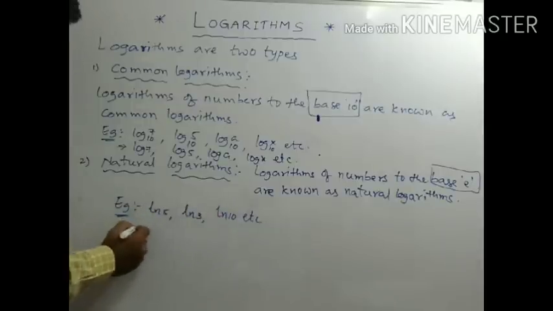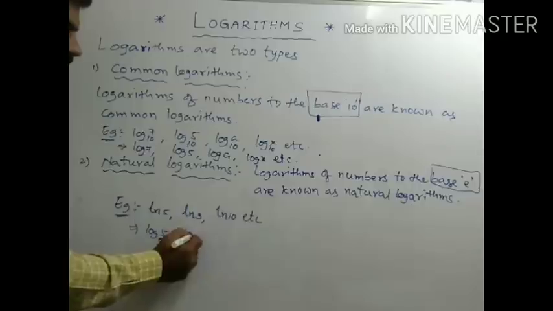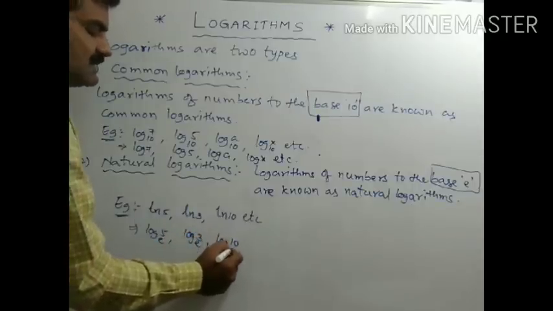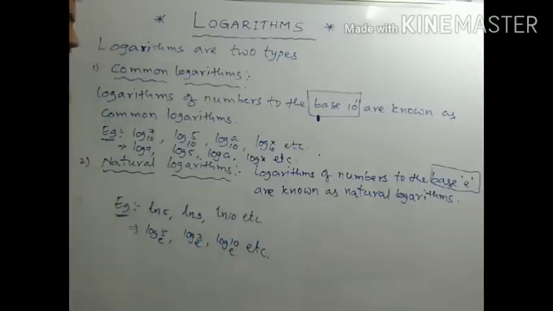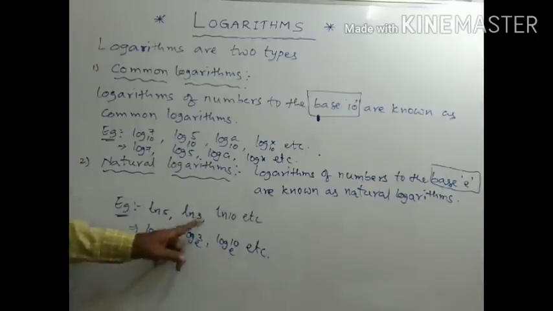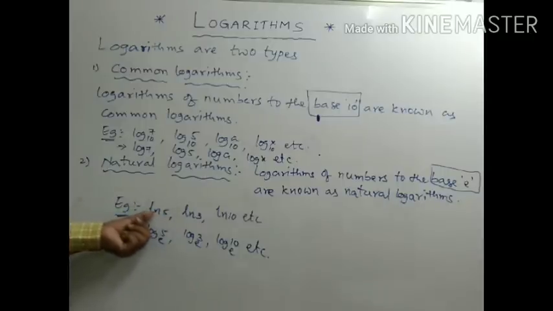The meaning of this is nothing but log 5 to the base e, log 3 to the base e, and log 10 to the base e, etc. Since here the base is strictly e, these are known as natural logarithms. So for natural logarithms, instead of using log, we can also use ln. If you use ln, there is no need to write the base. This indicates natural logarithm, so no doubt the base is e, right?